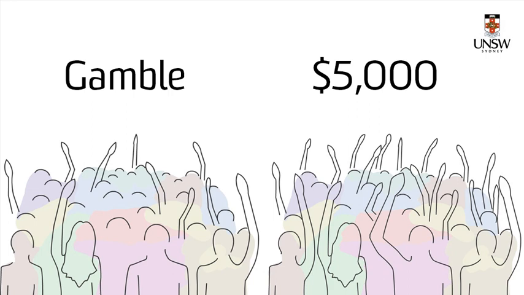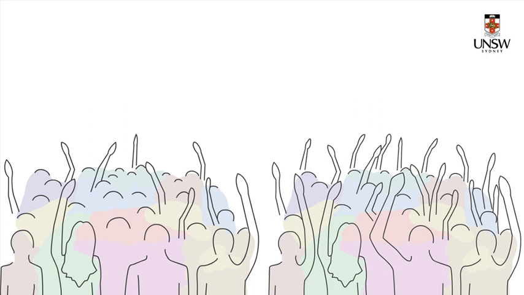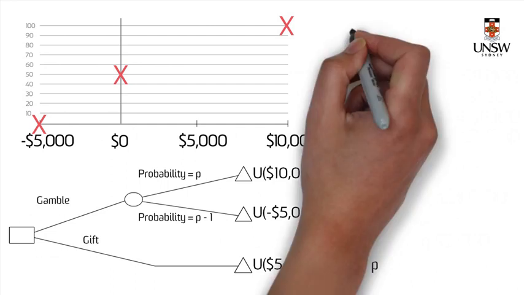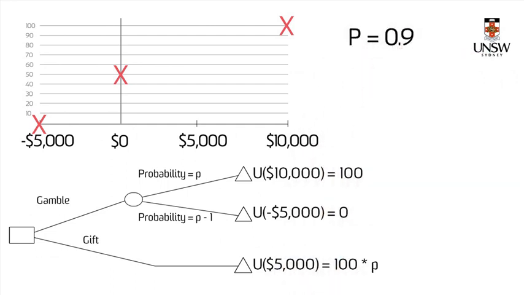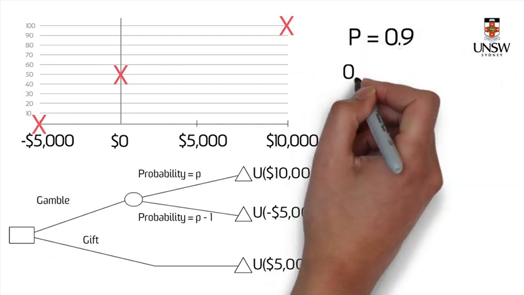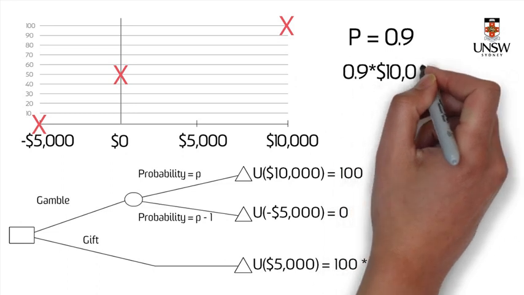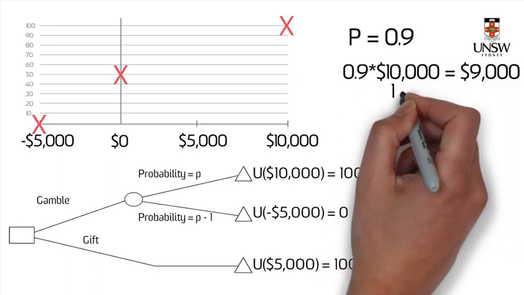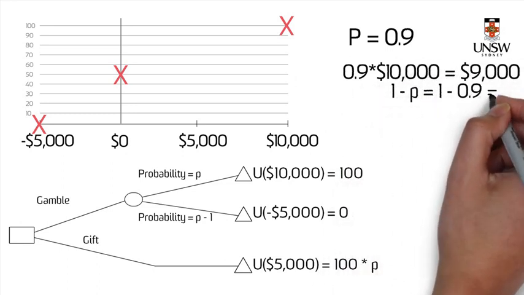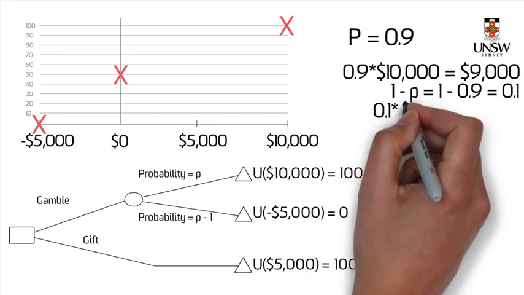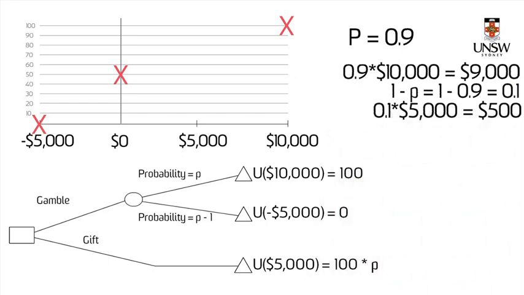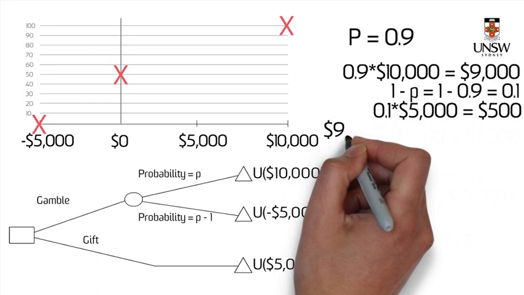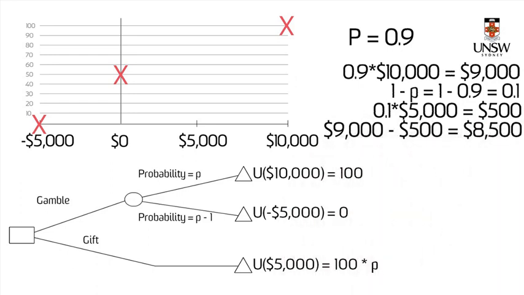So I'm going to have to increase P to make the gamble more attractive. Let's say we put P as 0.9. So 0.9 times 10,000 gives 9,000. 1 minus 0.9, that's 0.1, times 5,000 gives you $500. So the EMV of the gamble is 8,500.